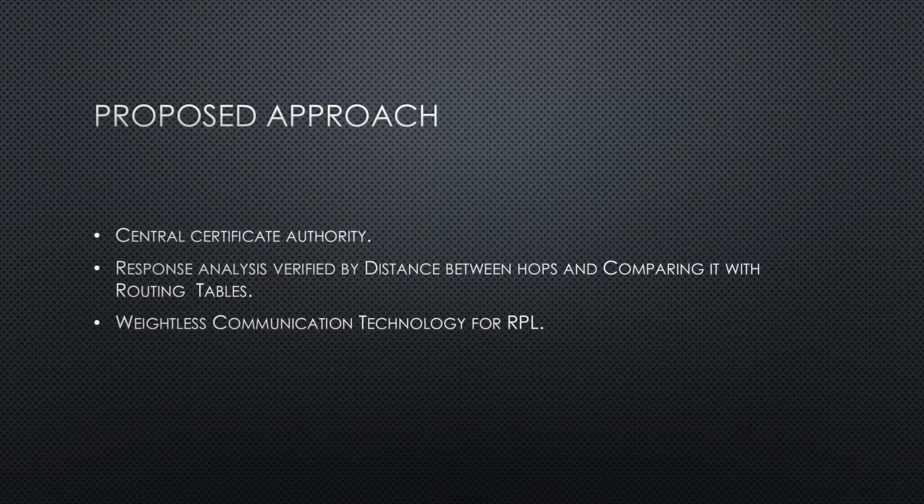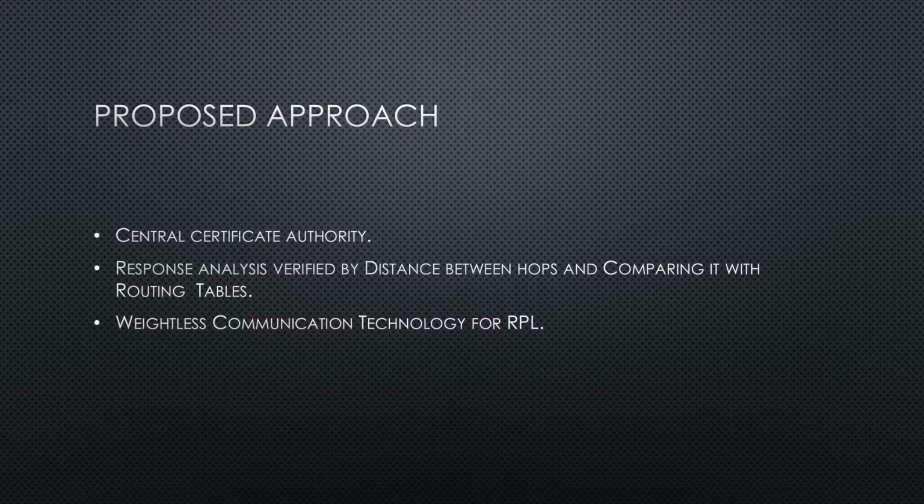Next is response analysis, verified by distance between hops and comparing it with the routing table. So what we are doing is we are assuming that we already have the routing table, which is stored with a secure protocol in a peer node. A node will send a broadcast.